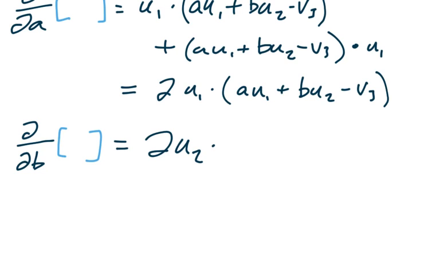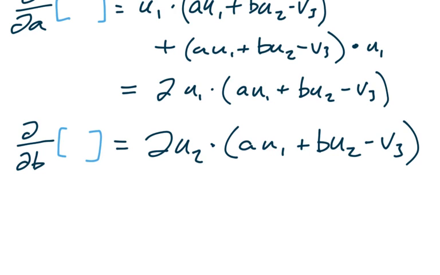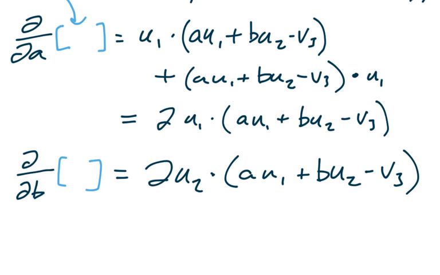But you end up with 2U2 dotted with AU1 plus BU2 minus V3. All right, so these are your derivatives with respect to A and with respect to B. Before you begin the next video, I want you to work out what these are. Go ahead and take these dot products by distributing these in and see what you come up with. Okay, you're going to get a pretty nice formula, and even better than that, it's one that you should recognize. All right, so try that out before you start the next video.